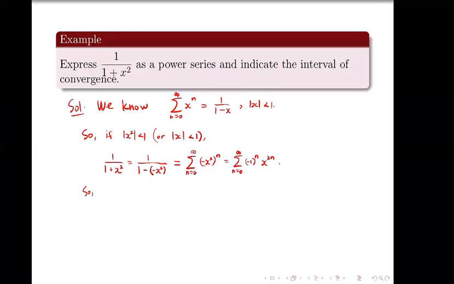So 1 over 1 plus x squared, this is the power series negative 1 to the n, x to the power 2n, from 0 to plus infinity, provided that the absolute value of x is less than 1. Okay? Questions?